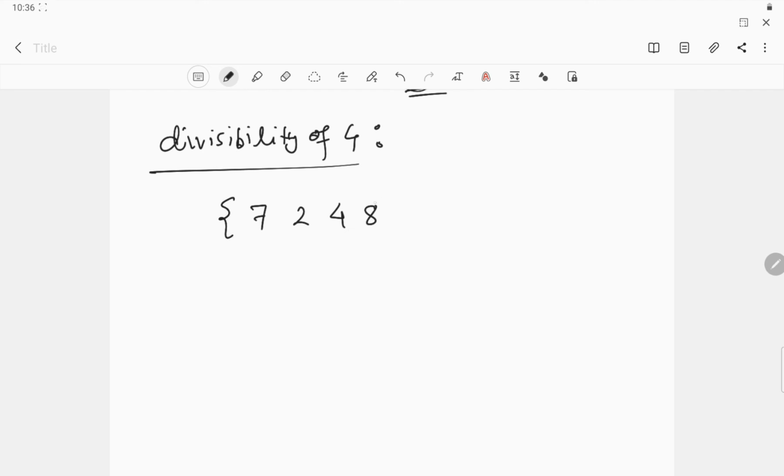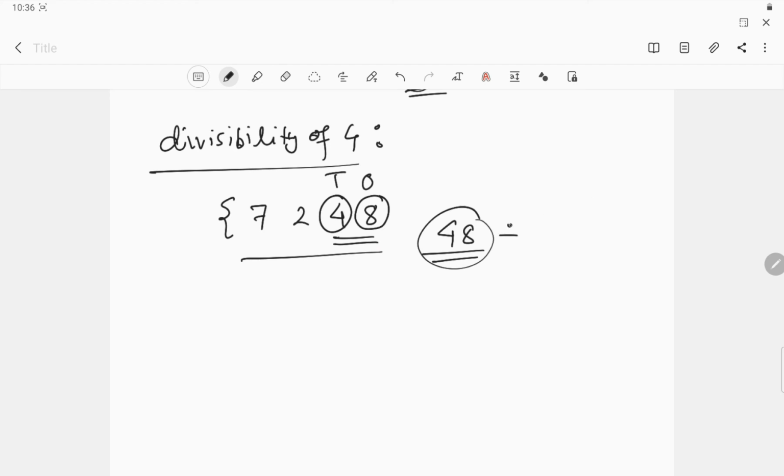You have to take the ones place and the tens place digit, that is 48. You have to take these last 2 digits, that is 48. If 48 is divisible by 4, then the whole number will be divisible by 4.